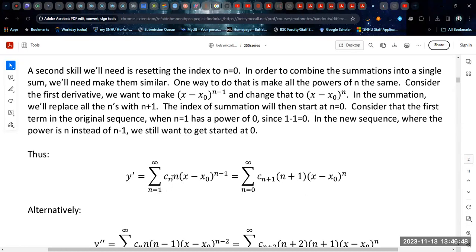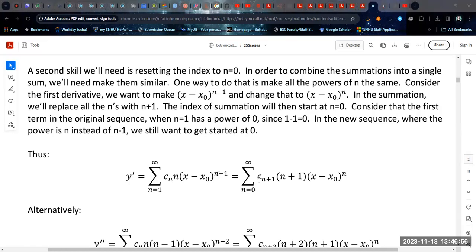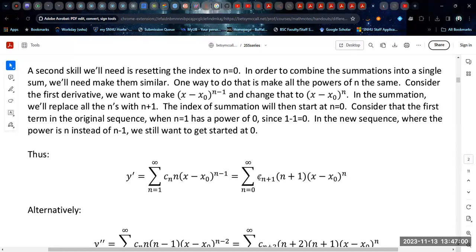So here, when n equals 1, this is c sub 1 times x minus 0 to the 0. But here, when n is 0, you get c sub 0 plus 1, which is 1, times x minus x sub 0 to the 0. So this expression starting at 1 is equivalent to this expression starting at 0.